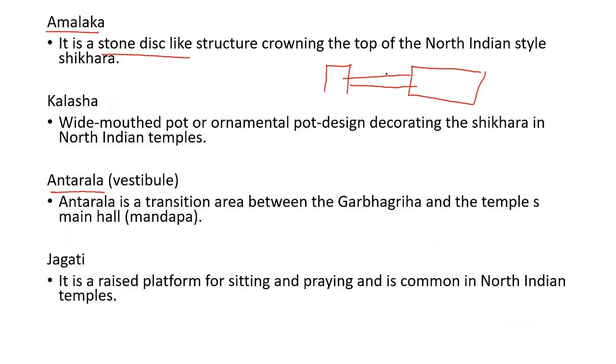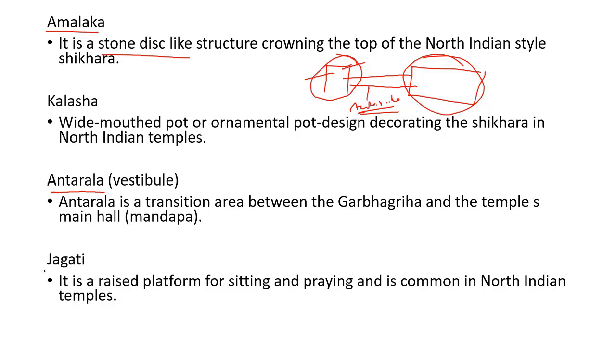Between the Garbhagraha and the hall there is a vestibular space, like a vestibule passage. This space is called Antarala. We can find this Antarala in the Rameshwaram temple. Even in the Tirupati temple we can find Antarala.